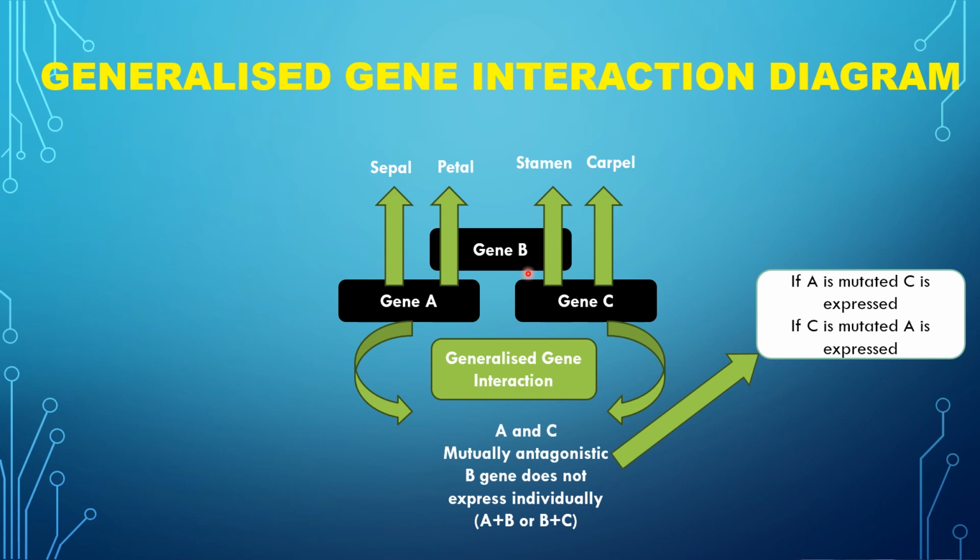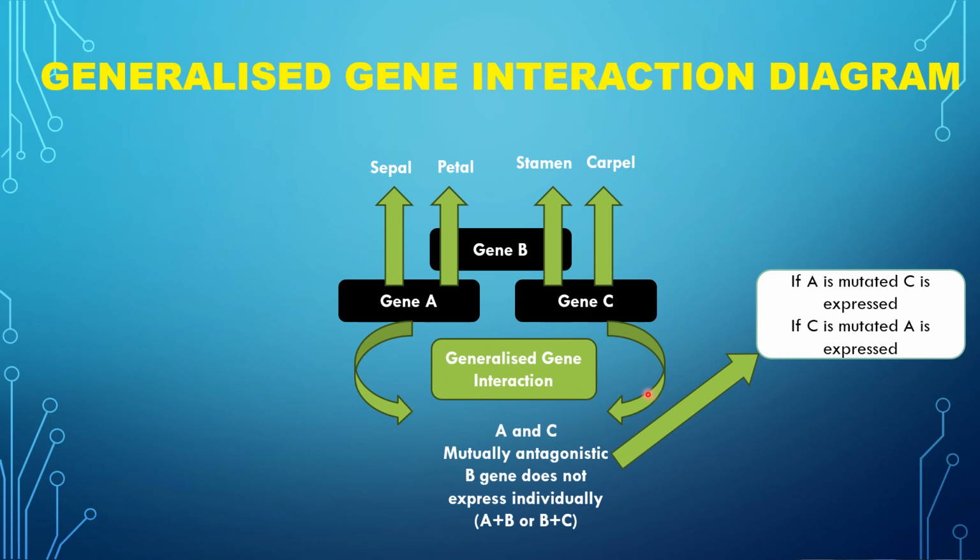Stamen is produced when both gene B and gene C interact with each other. So stamen is produced when gene B and gene C are present. And then we have carpel. Carpel is produced only with gene C.